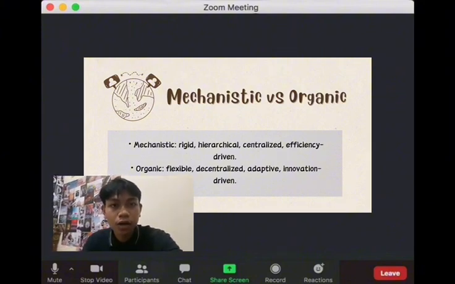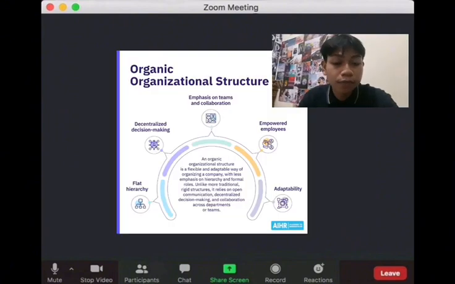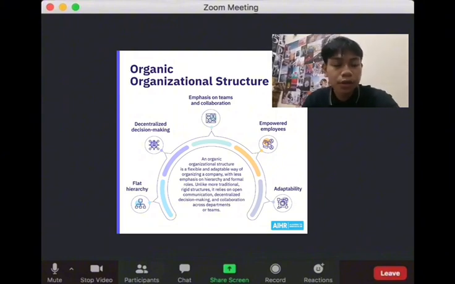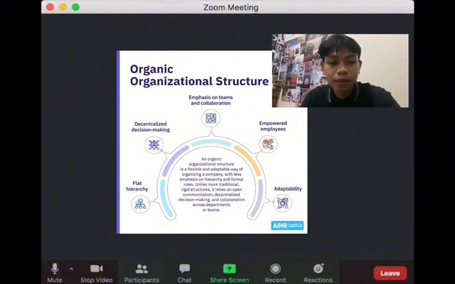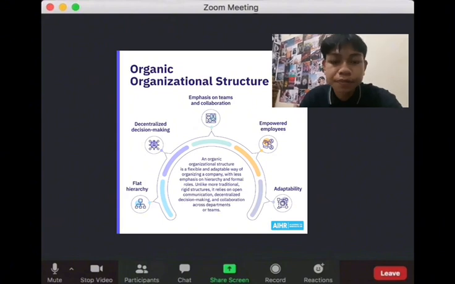And then organic means flexible and adaptive, flexible and teamwork based, for a fast changing environment. For example, startups or tech companies.